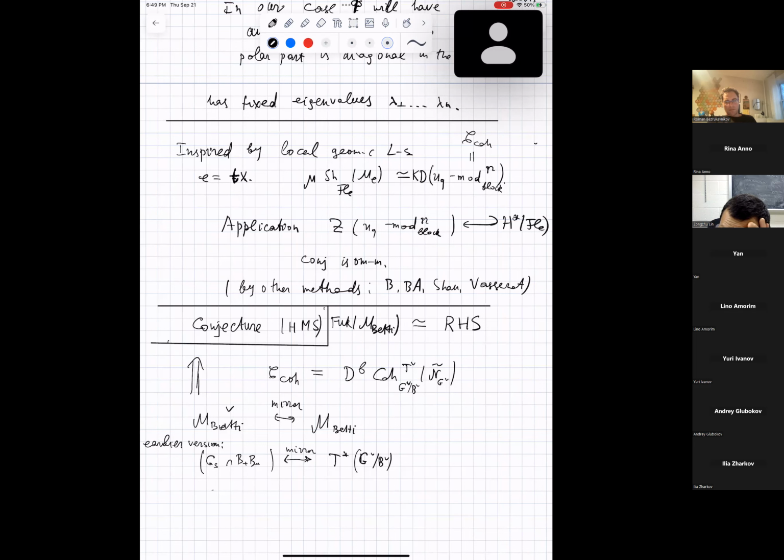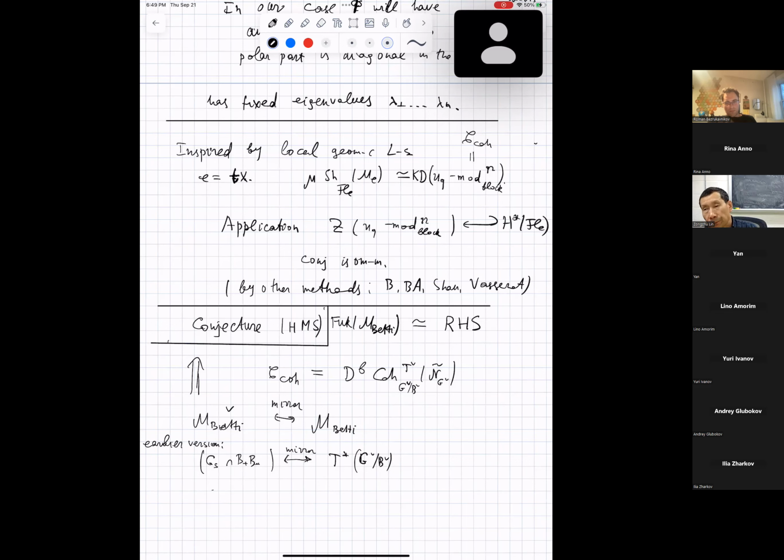Because Fukaya, you already have on your left-hand side. Sorry, for me the left-hand side is a local Fukaya category, which means that you ignore all pseudo-holomorphic disks with a boundary on your Lagrangian skeleton, probably, but maybe you should not.